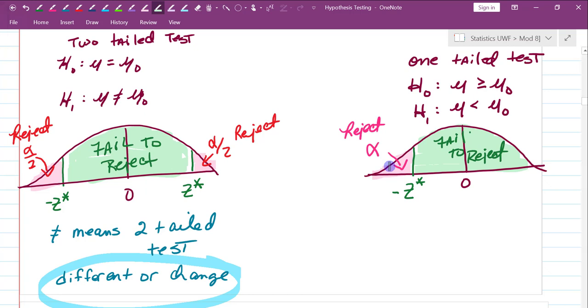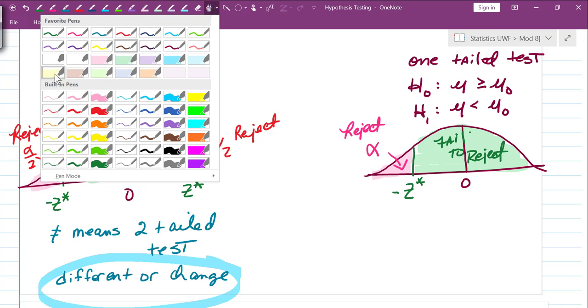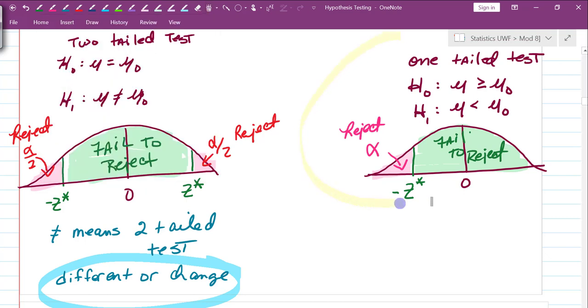We have another one-tailed test, though, that we also need to be aware of, and it looks like this. Let me highlight this right here. All of this is together. And then we have H naught, where mu is less than or equal to mu naught. And then we have H1, which is when mu is greater than mu naught.